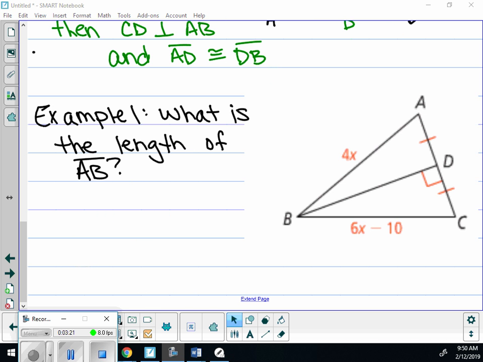Looking at an example, we're looking for the length of line segment AB. So if you look at the triangle that they gave us here, the things that they are telling us have to be true is that AD is congruent to DC, and that we have a right angle at angle D. So that means that BD is the perpendicular bisector of AC.